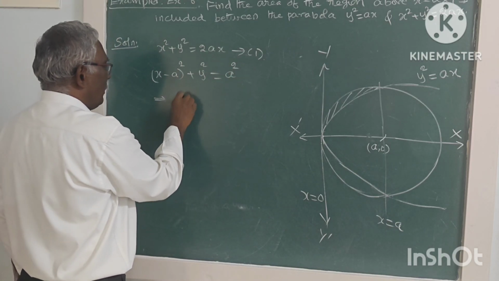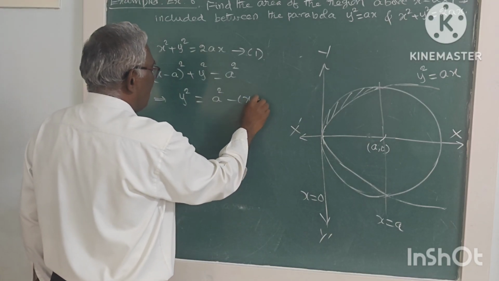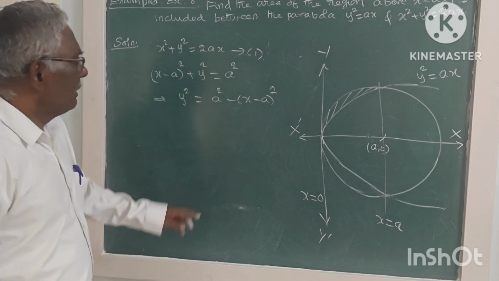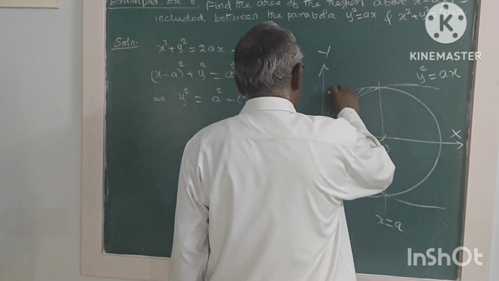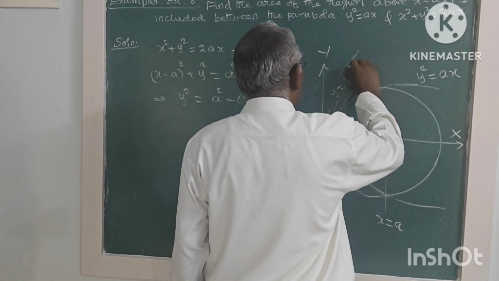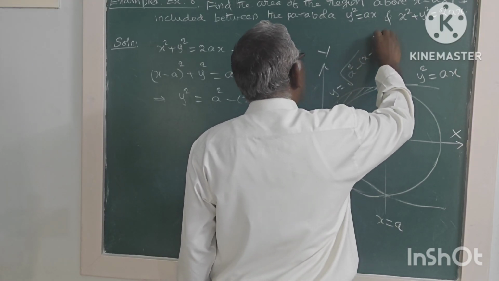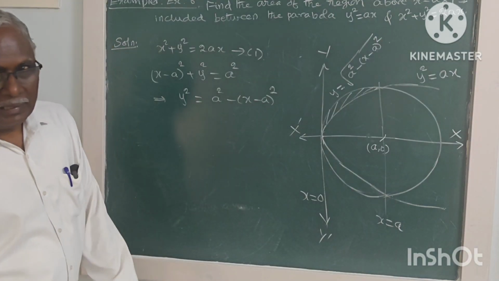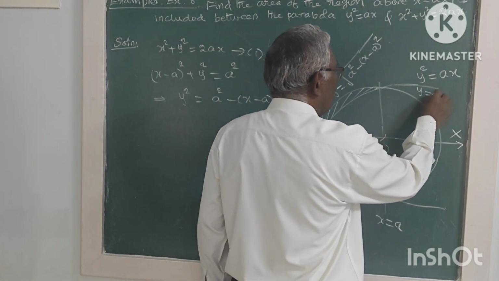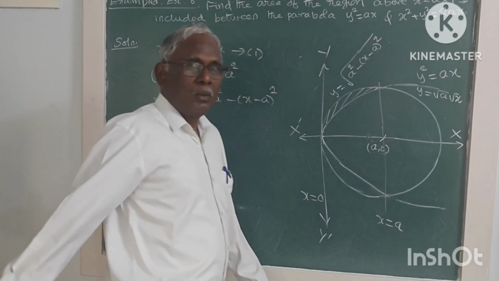From here we can get y square is equal to a square minus x minus a whole square. So what is the equation of circle now? Y is equal to square root of a square minus x minus a whole square. And equation of parabola is y is equal to root a root x.